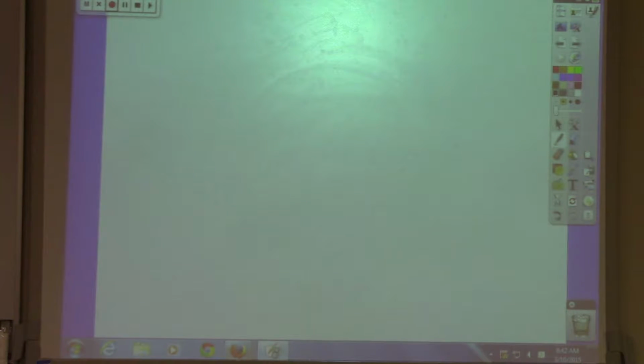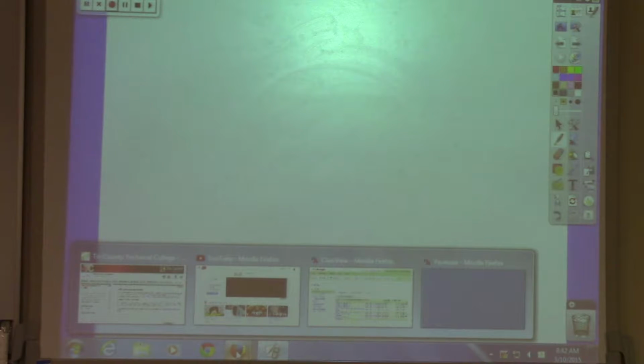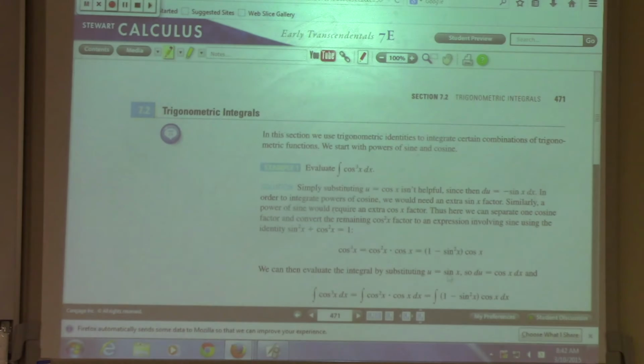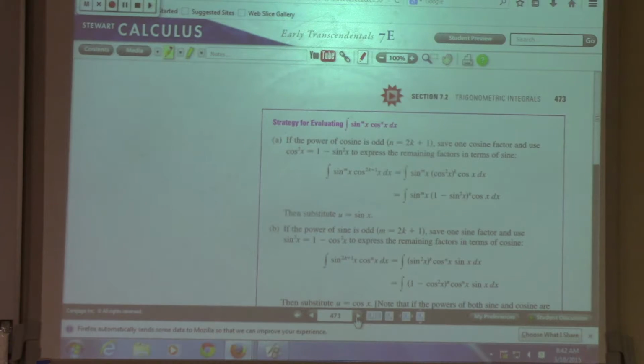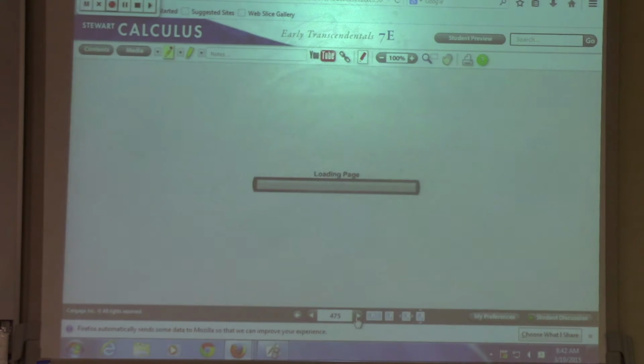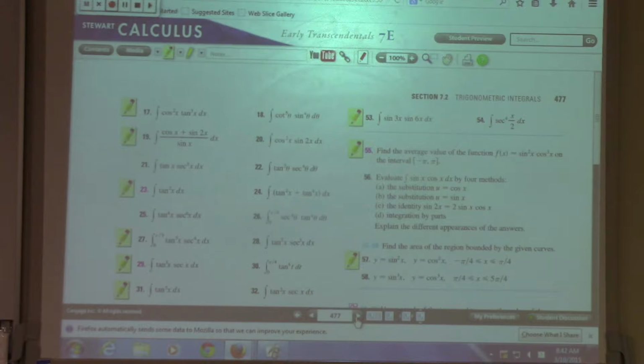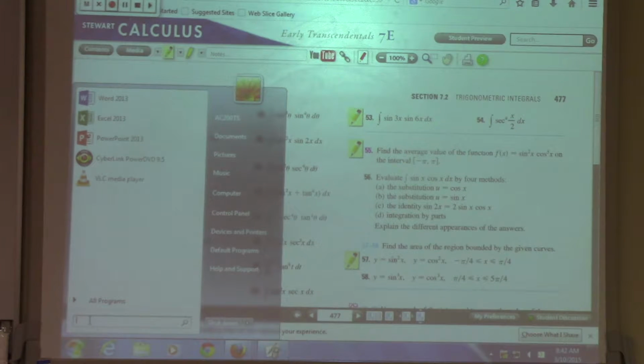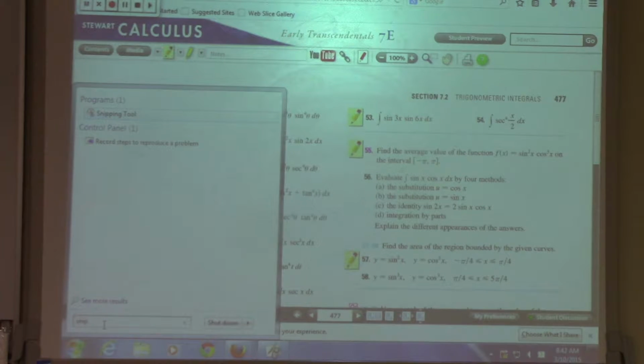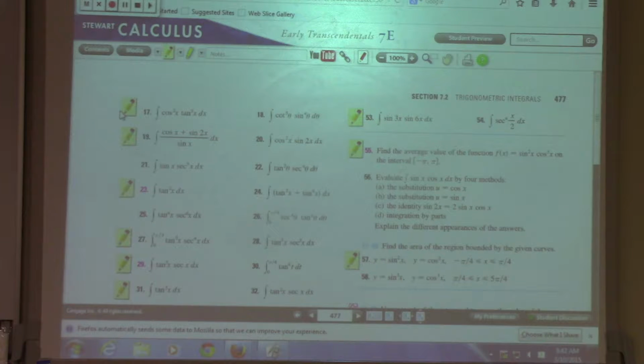Let's see if I can snip it like y'all taught me how to do it. Let's see, 17. Gotta find the page turner. Where is it? I appreciate the heck out of that. That saved me a lot of time. Who showed me that? Those guys.